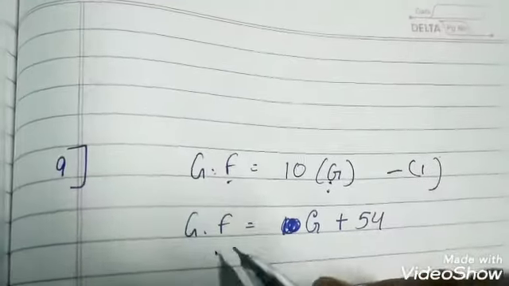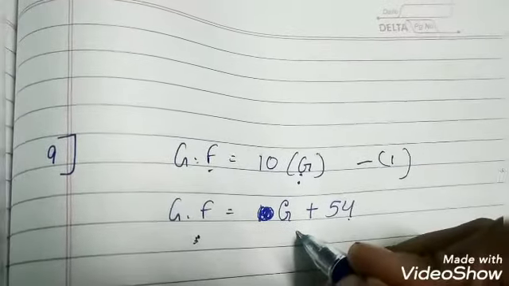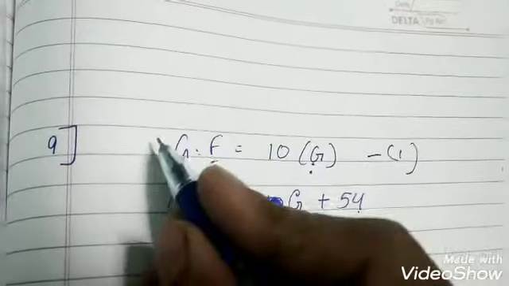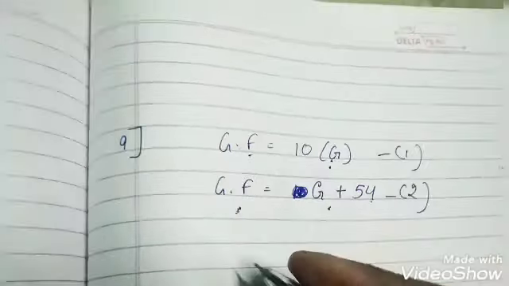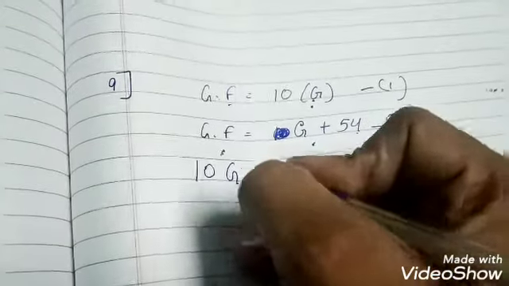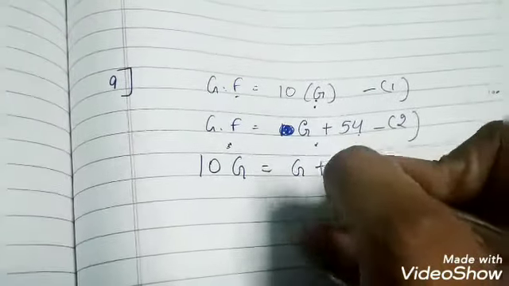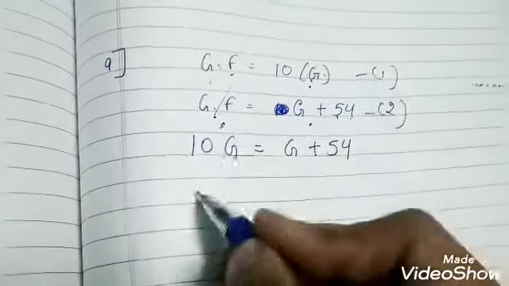Secondly, they are saying that the grandfather is also 54 years older than the granddaughter. As you can see, both are equations for the grandfather. So I can easily write that 10 times the granddaughter is equal to granddaughter plus 54.